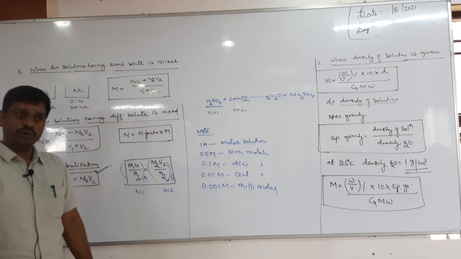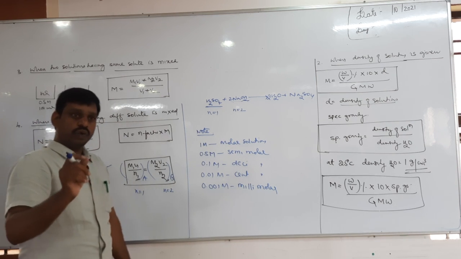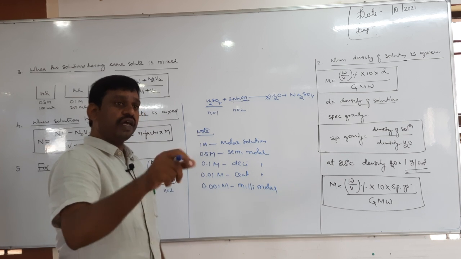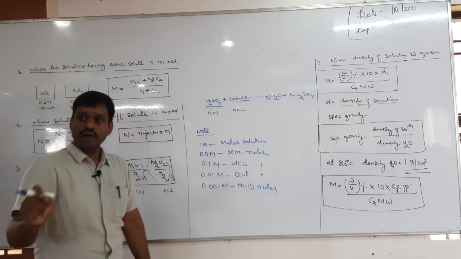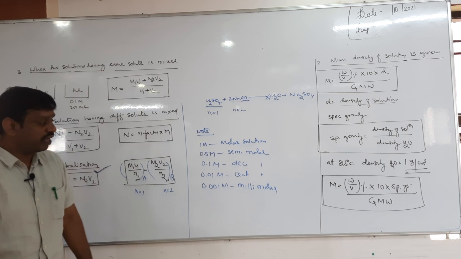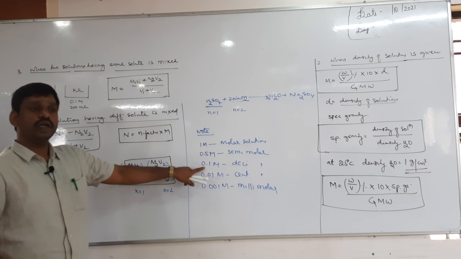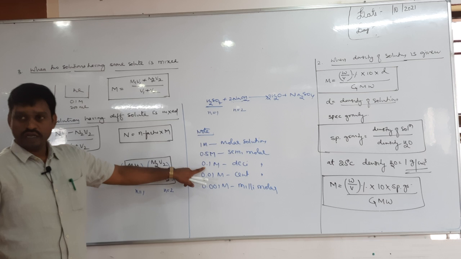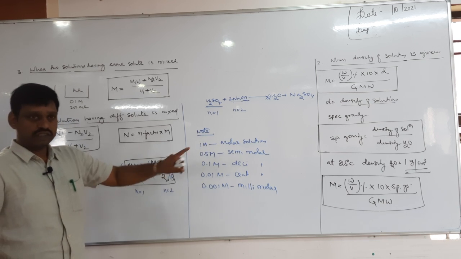In the question they will give, for example, 200 ml of decimolar NaOH. It means the volume is 200 ml. What is the molarity? 0.1 M. Like that, so you need to understand what the molarity is.